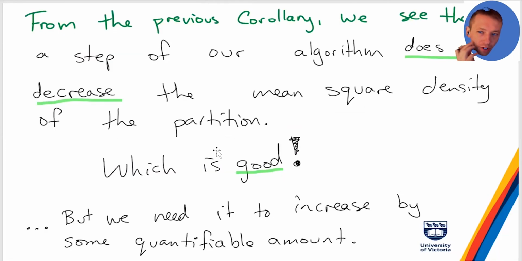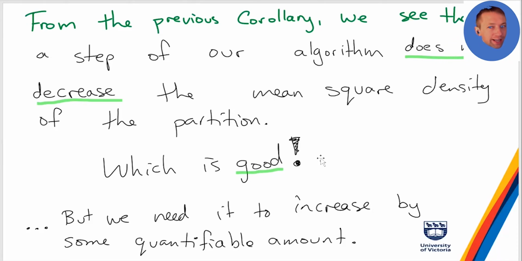So from that corollary, and really the work is being done by the lemma before it, what we've learned is that any step of our algorithm can never decrease the mean square density, which is this F value. And that's good, because I want to say that if we haven't found an epsilon regular partition, then we refine using this algorithm, and the F value goes up.